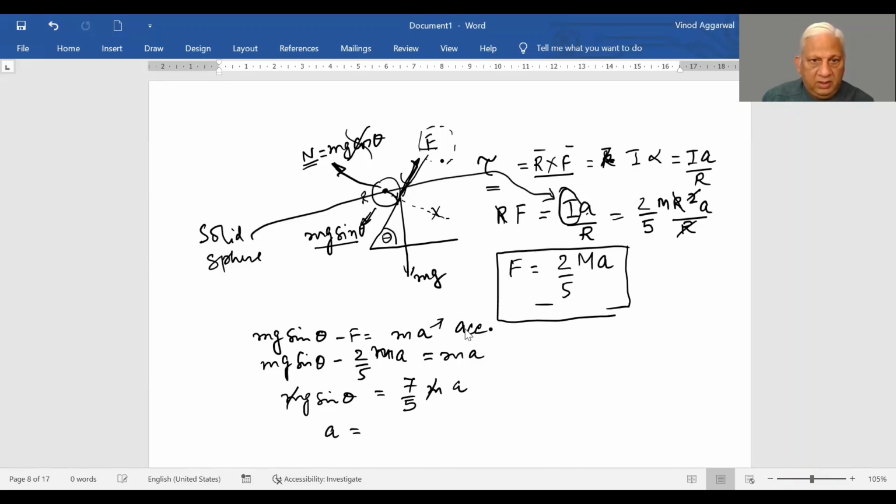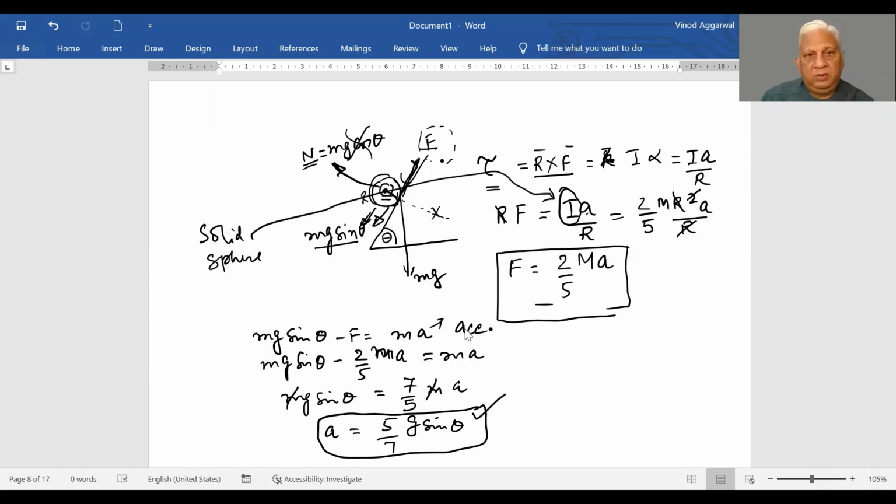So you get A is equal to 5 by 7 g sine theta. Which means that if a solid sphere is rolling down an inclined plane, its linear acceleration of center of mass is given by this formula. Okay.